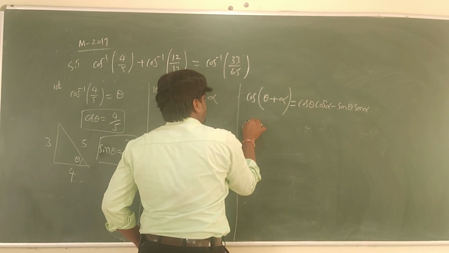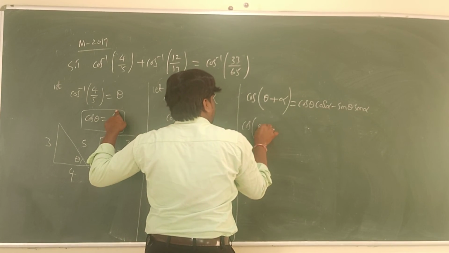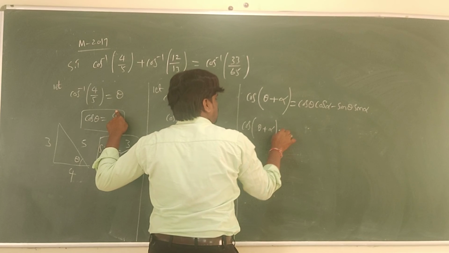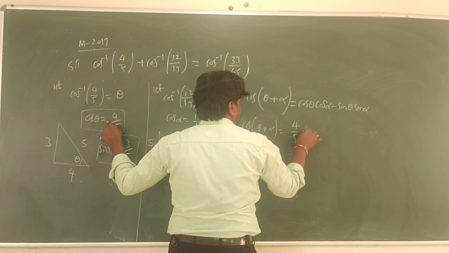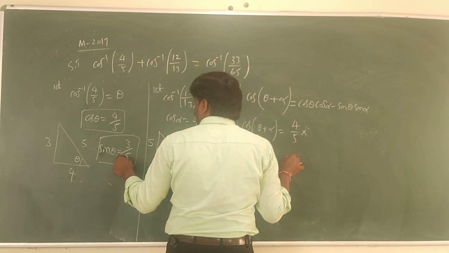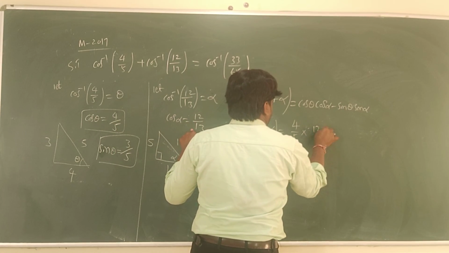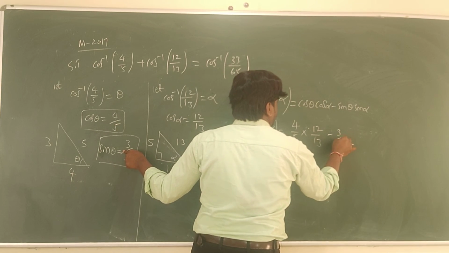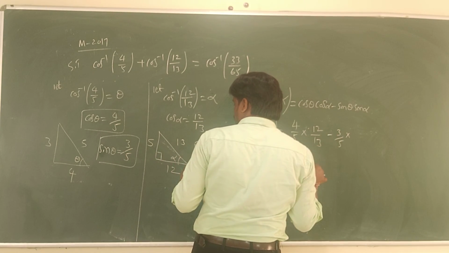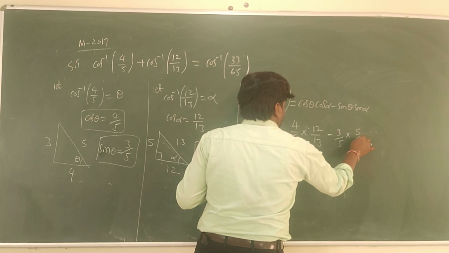So cos of theta plus alpha is equal to the cos theta value, 4 by 5, times the cos alpha value, 12 by 13, minus the sin theta value, 3 by 5, times the sin alpha value, 5 by 13.